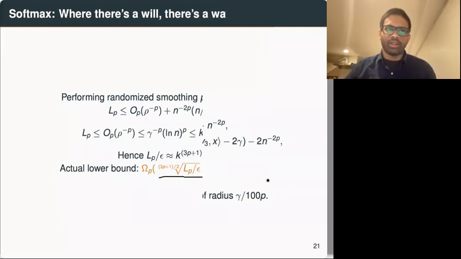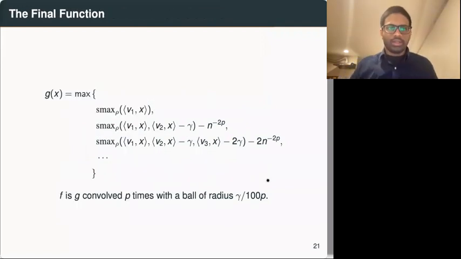And this is what our final function class looks like. You're taking the maximum of just the softmax of the first term, which is the same as the first term, then the softmax of the second term minus a small value, the softmax of the first three terms minus twice the small value, and so on.